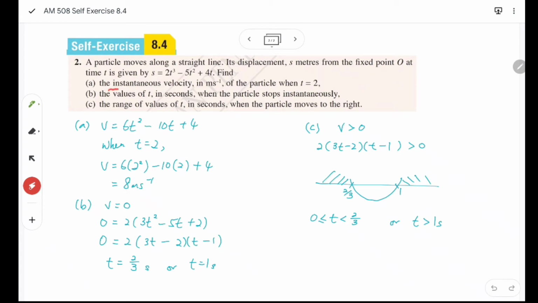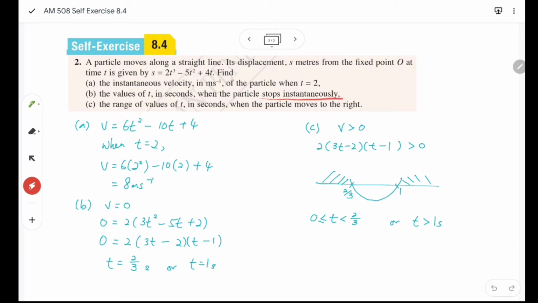We need to find the instantaneous velocity when t equals 2. So sub in the 2 to the t. We get v equals 6 times 2 squared minus 10 times 2 plus 4, and we get 8 meter per second.